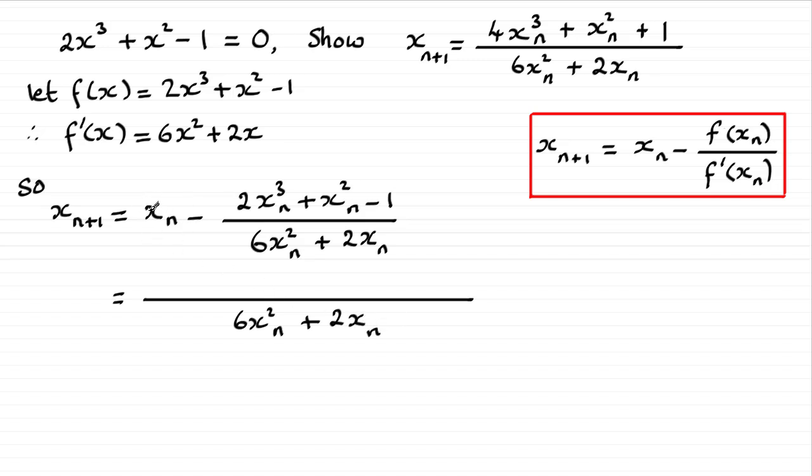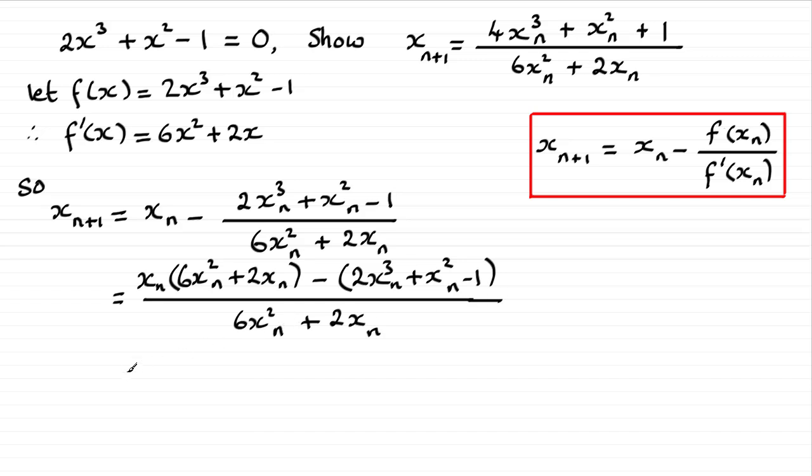So when it comes to this term, all I need to do is times it by the denominator here. So we've got again 6x squared with subscript n plus 2x with the subscript n. And then we have minus, and then I'm just going to put in brackets there, copy out what we've got up the top here. 2x cubed n plus x squared n minus 1.